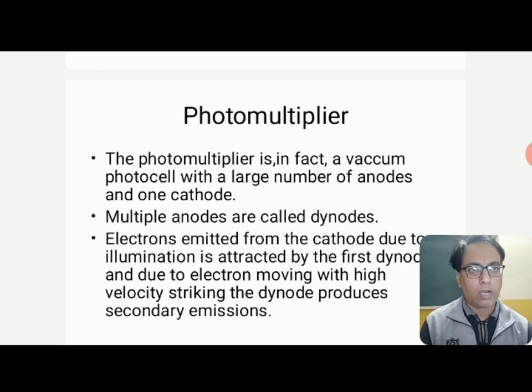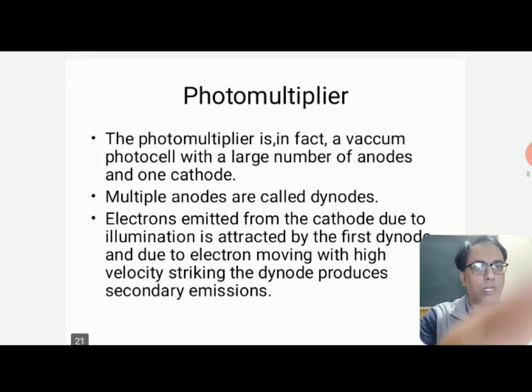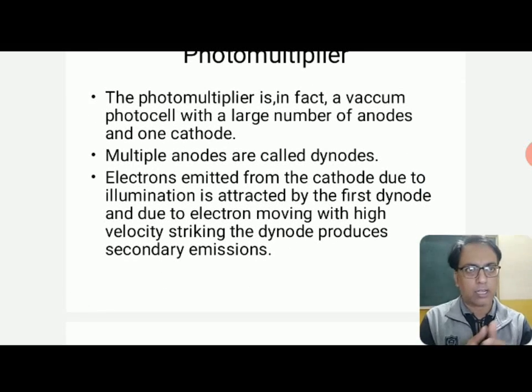The electron emitted from the cathode due to illumination is first attracted by the first dynode, and the electron moving with high velocity strikes the dynode and produces secondary emission.